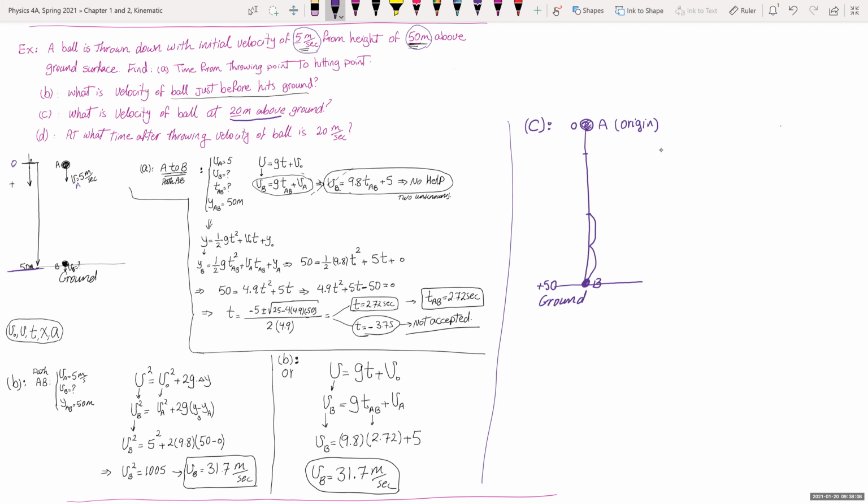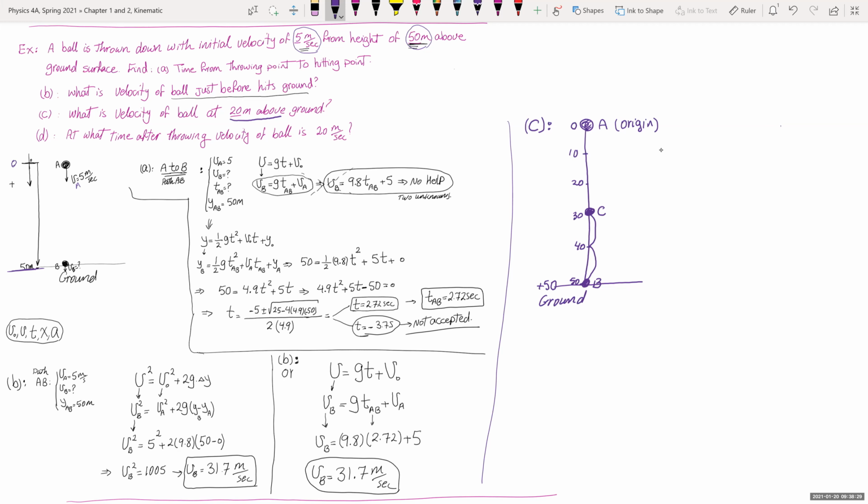If I say this is 10, this is 20, this is 30, this is 40, and this is 50 meters, 20 meters above the ground surface is here. So let's call this point C.